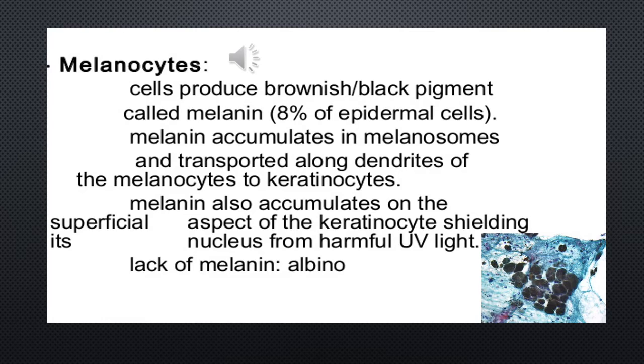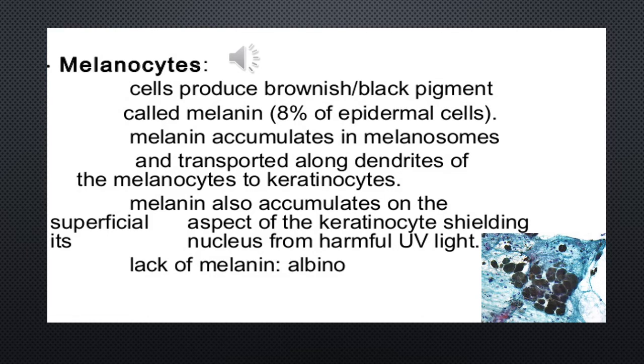Melanin, as you all know, we are facing ultraviolet radiations in our daily routine. So in our epidermis, naturally we have a defense system against ultraviolet radiations. Melanocytes are present. Melanocytes protect our body cells or skin from harmful ultraviolet radiation by the production of a brown black pigment which is known as melanin.